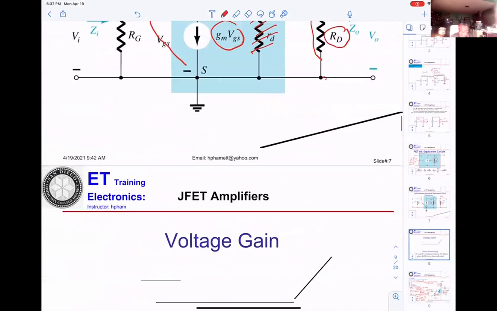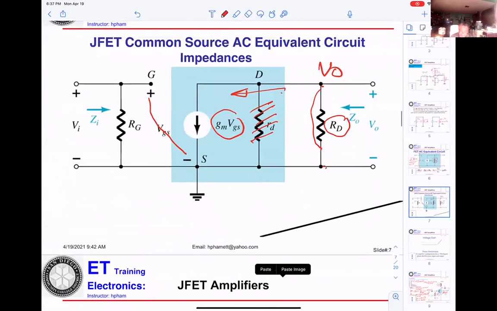Looking into the calculation, the current will be GM times VGS, and that's a minus GM right there.